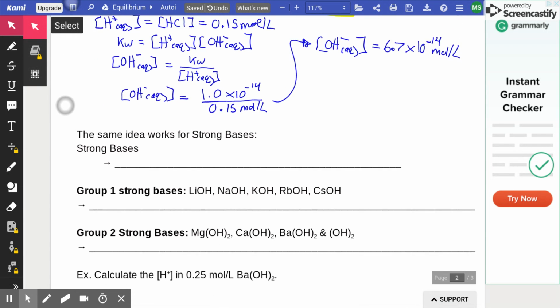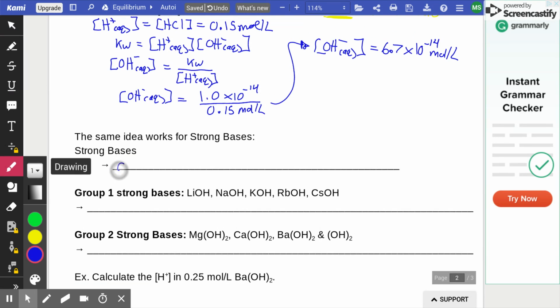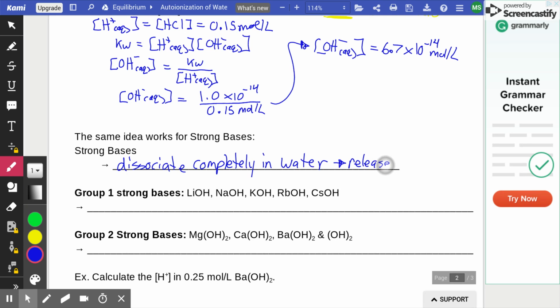This idea works for strong bases as well, because a strong base is going to dissociate completely in water, just like a strong acid, but this time the strong base is going to release aqueous hydroxide ions. We have two types of strong bases.